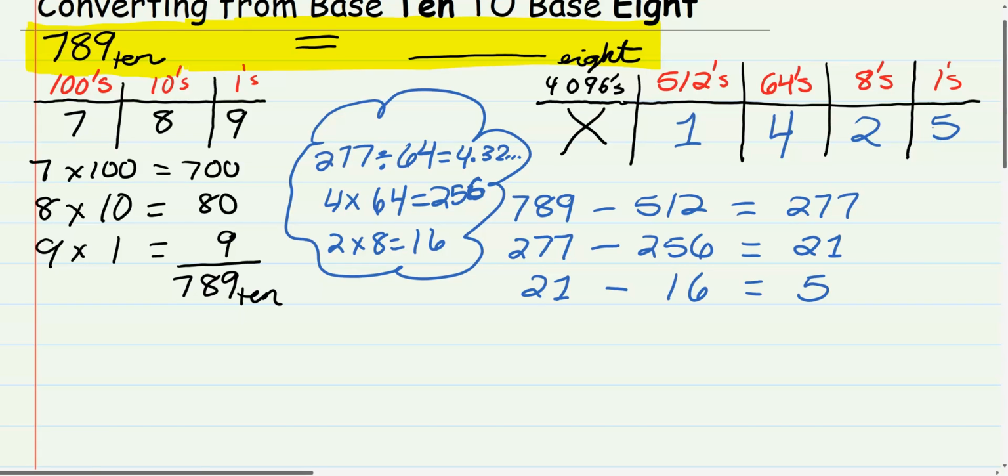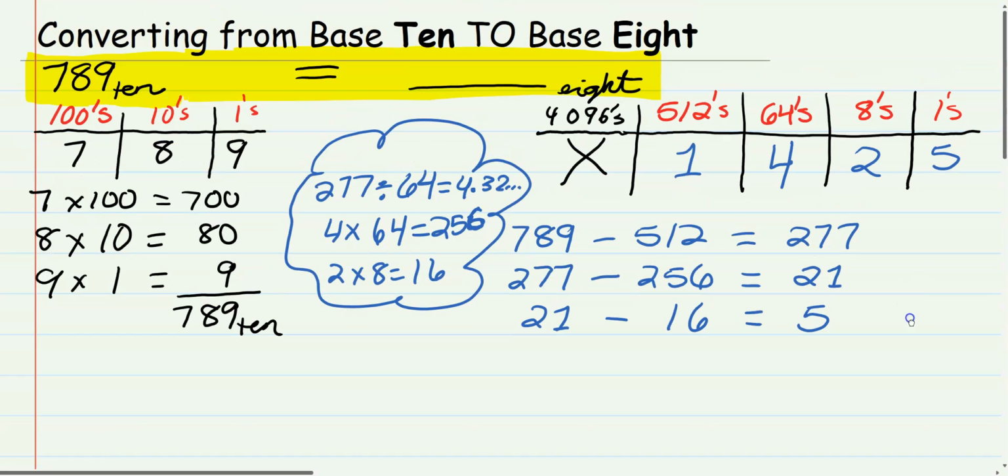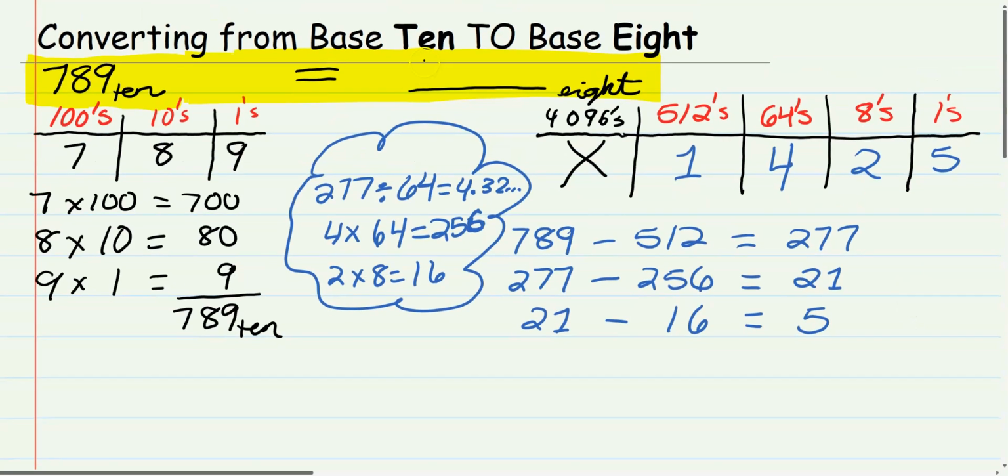So then the number 789 in base 10 is 1425 in base 8. And notice how I am not reading it as one thousand four hundred twenty-five, because that's not what it means, right? The 1,000, the 100, the tens are base 10 place values.